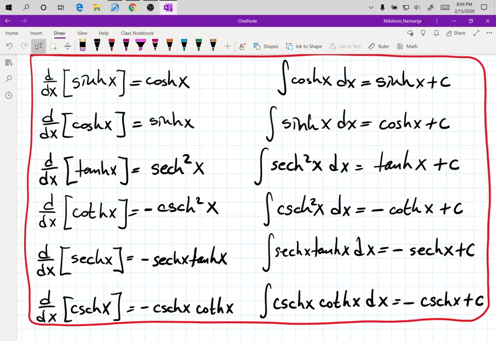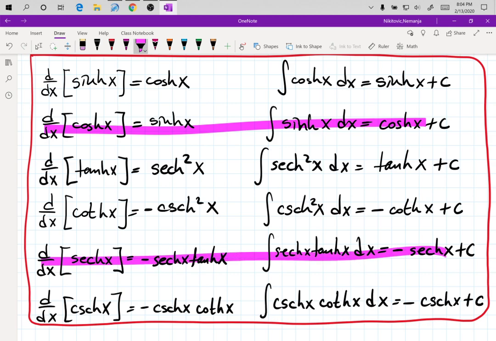What's different? This line here and this line here. So you need to have opposite signs for trig. Everything else, same signs, and just remove h, and that will be trig.